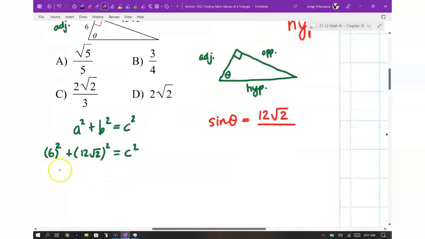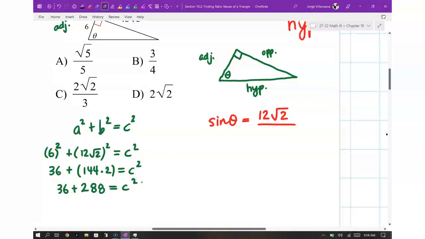Now, 6 squared is 36. 12 radical 2, you can do this on your calculators, but if you do it in your head, 12 squared is 144, and the square root of 2 squared is 2. So I'm probably going to have to do this on my calculator right now, but I get 36 plus 288.